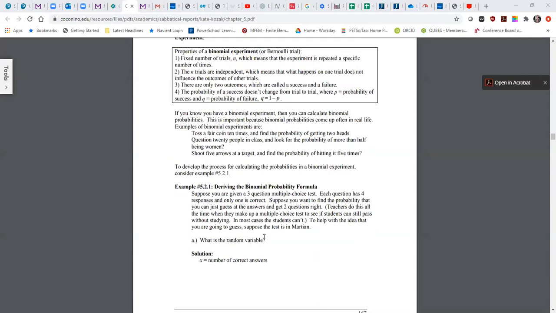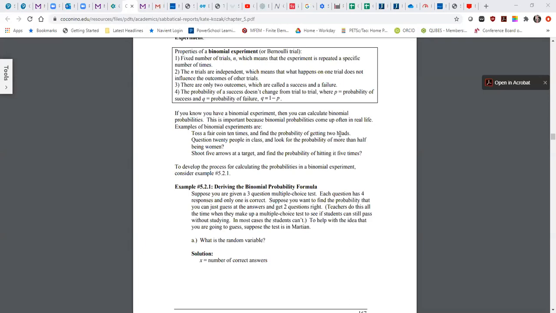So this is the example. Binomial probabilities come up often in real life. For example, toss a fair coin 10 times and find the probability of getting two heads.